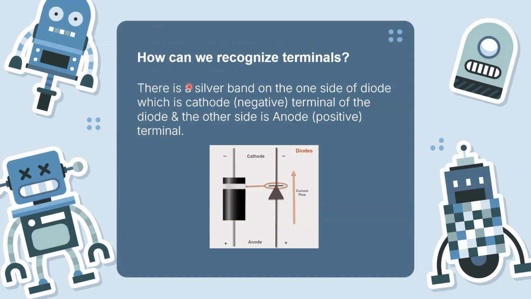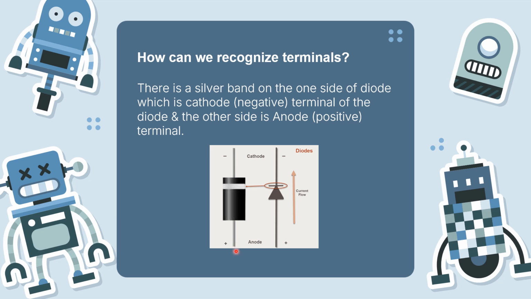Okay, as I said in the last slides, there are two terminals on the diode, anode and cathode. There is a silver band on one side of the diode, which is the cathode or negative terminal, and the other side is the anode or positive terminal.